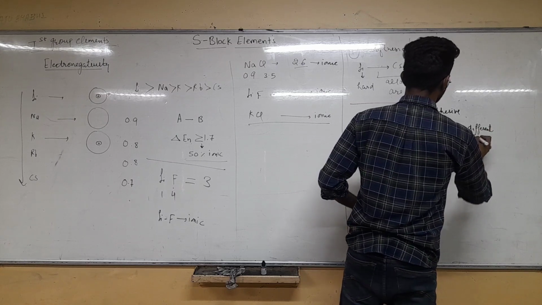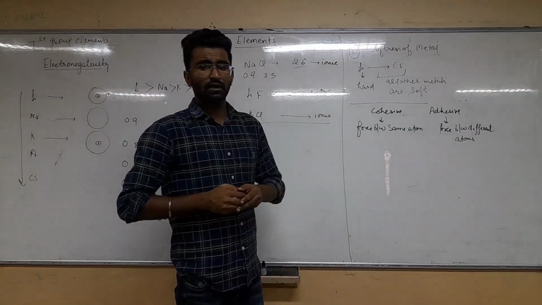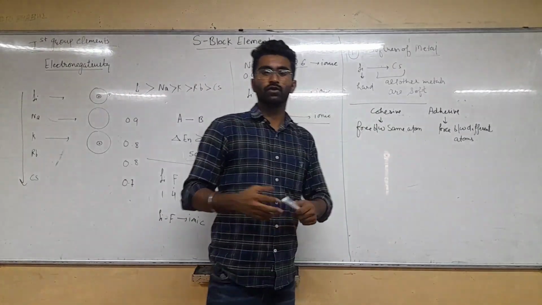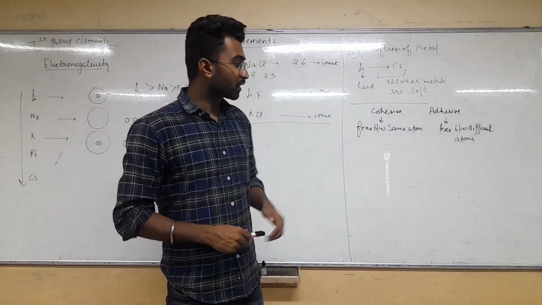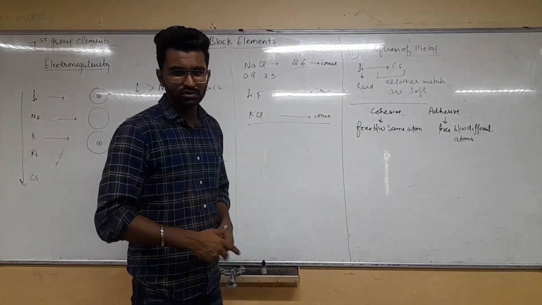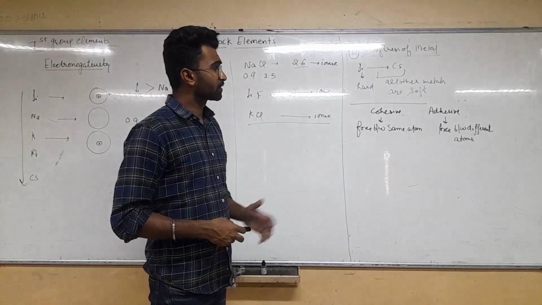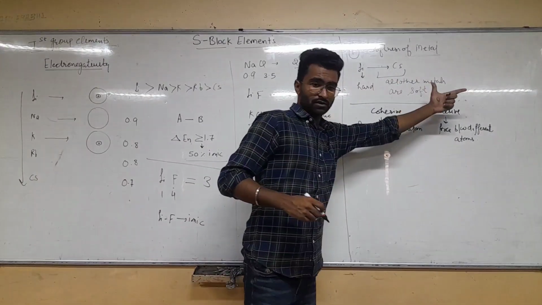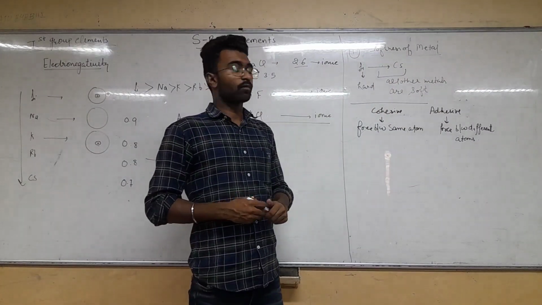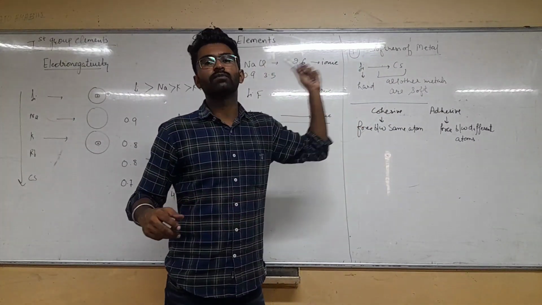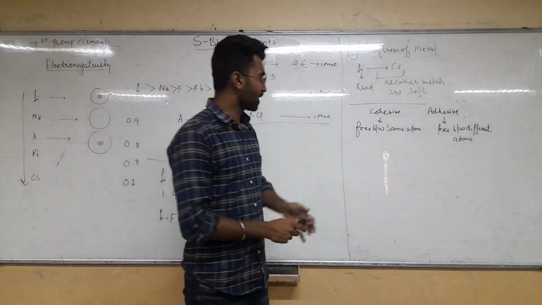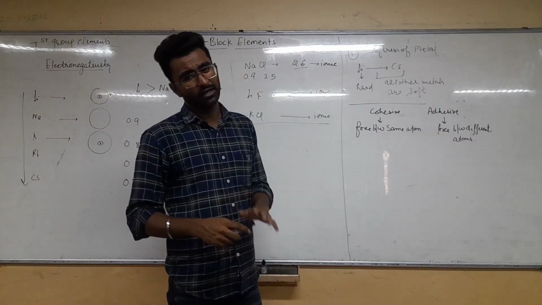So we can say that the hardness is due to cohesiveness, because if the molecules have a great force between them, then of course they will be hard in nature. So these metals, sodium to cesium, are soft, which means there is less cohesive force between their atoms.